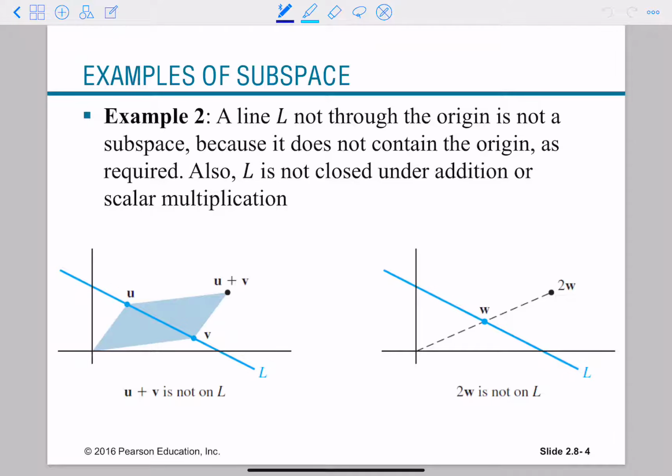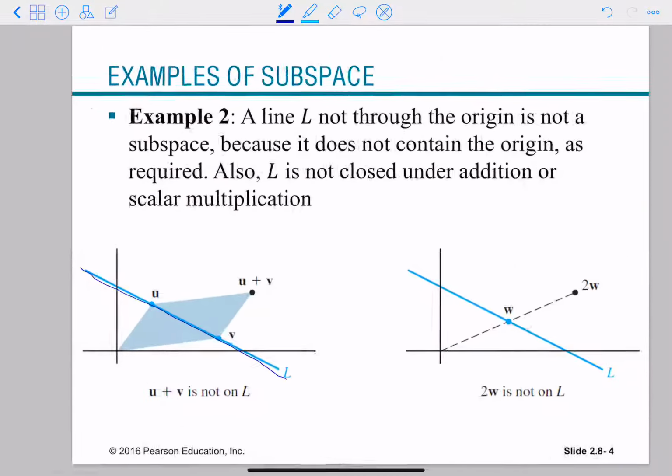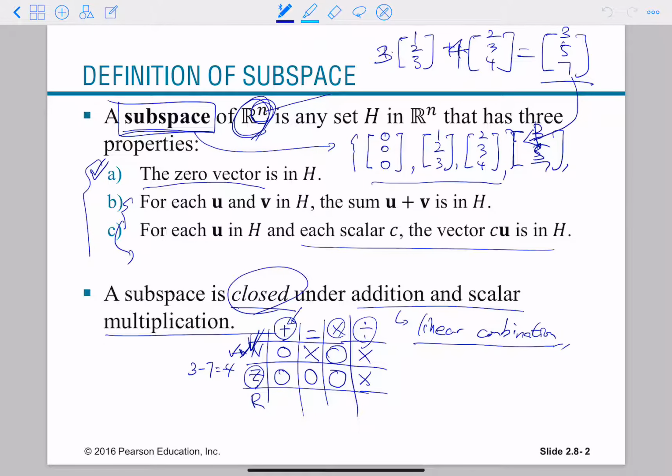So this is an example of a subspace, and those examples that are not satisfying the subspace. So subspace by default should contain the zero vector or origin all the time. So in this case, when considering a single line that does not pass through the origin, that is not a subspace, because a subspace by default should contain the zero vector. And yes, that was the first condition, right?